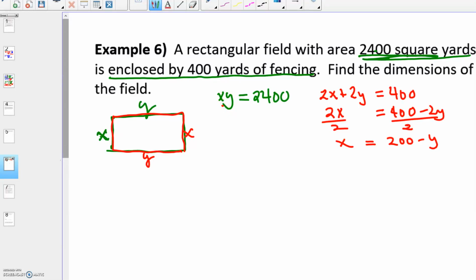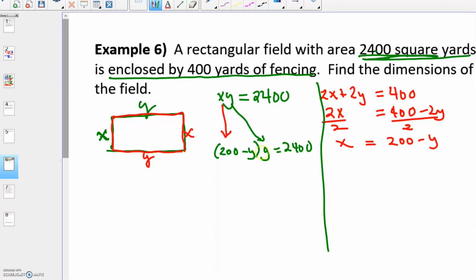So if x is 200 minus y, let's substitute for x right here: 200 minus y, times y, is equal to 2400. Now we're going to use the quadratic formula to solve it, but we don't have a 0 on the right side.